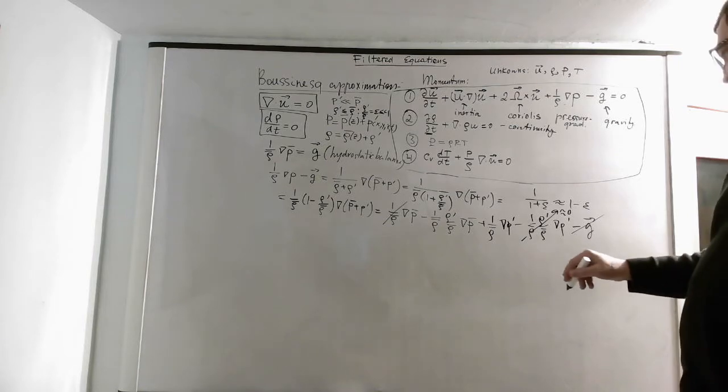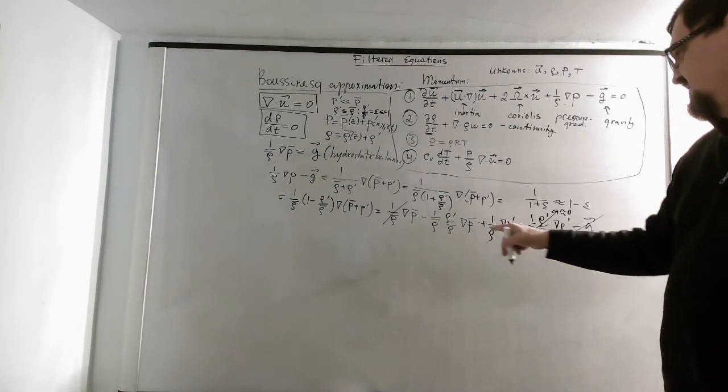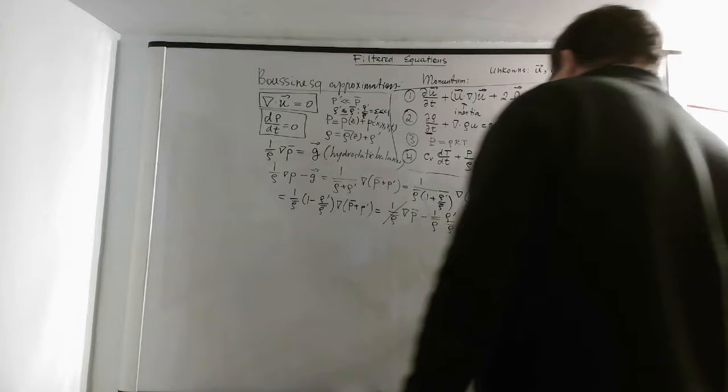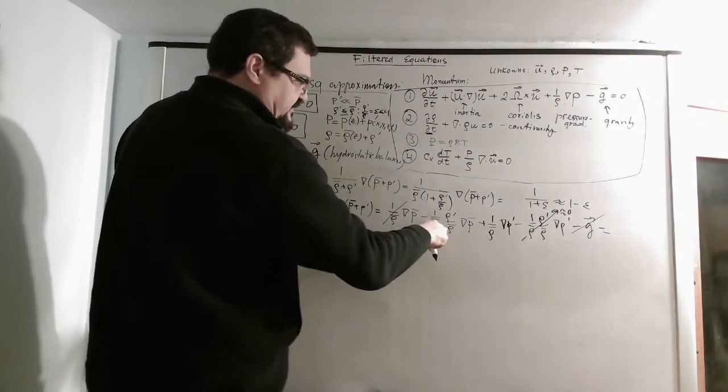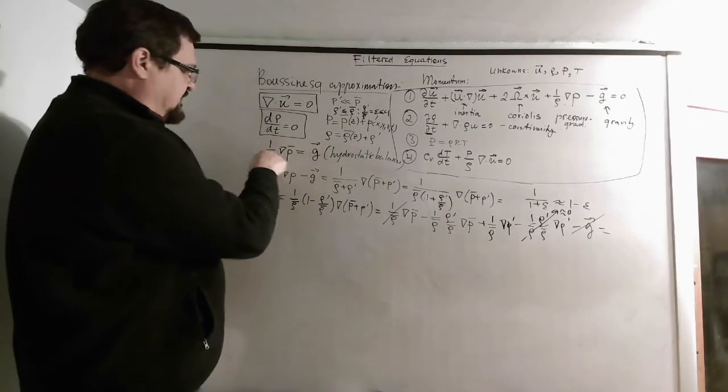What is left is these two terms. And this divided by rho is actually g.